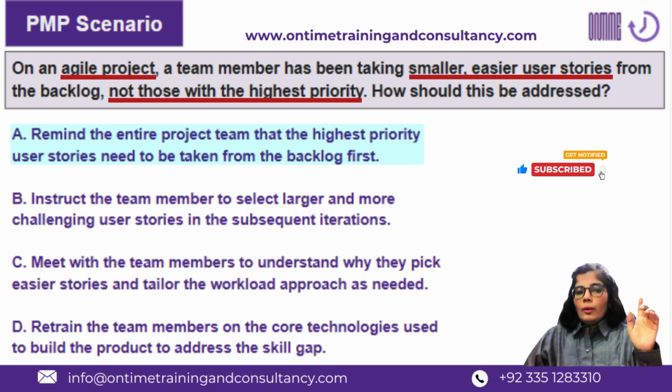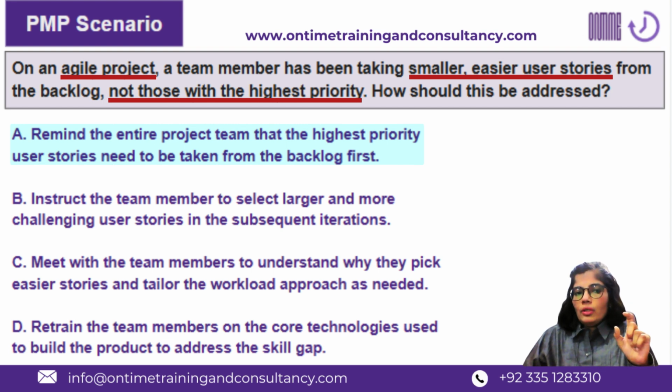The problem in this statement is the authoritative tone in the option choice, reminding the entire project team that the highest priority user stories need to be taken from the backlog first.